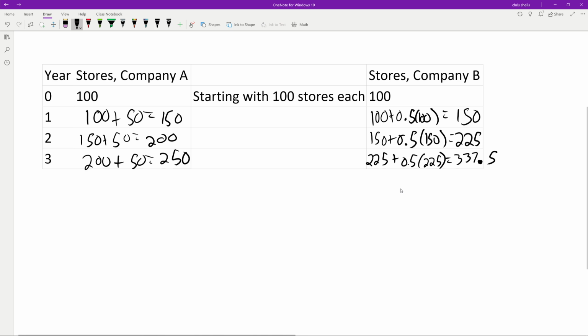So in year 1, both grow by 50, right? In year 2, store A grows by 50, store B grows by 75.